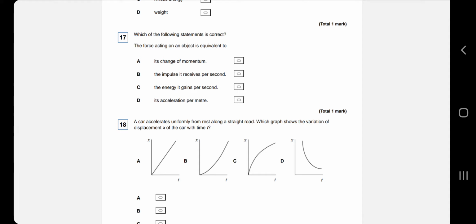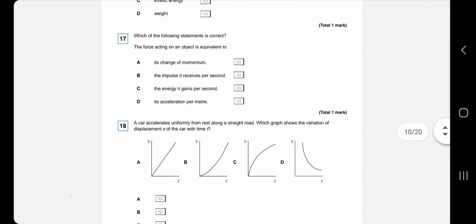Again, a similar question, just dressed up differently. Which of the following statements is correct? The force acting on an object is equivalent to A, its change of momentum, B, the impulse it receives per second, C, the energy it gains per second, D, its acceleration per meter. So what we should look at is, if we write force is equal to change in momentum over change in time, you should know from lesson that the change in momentum is equal to force times time.